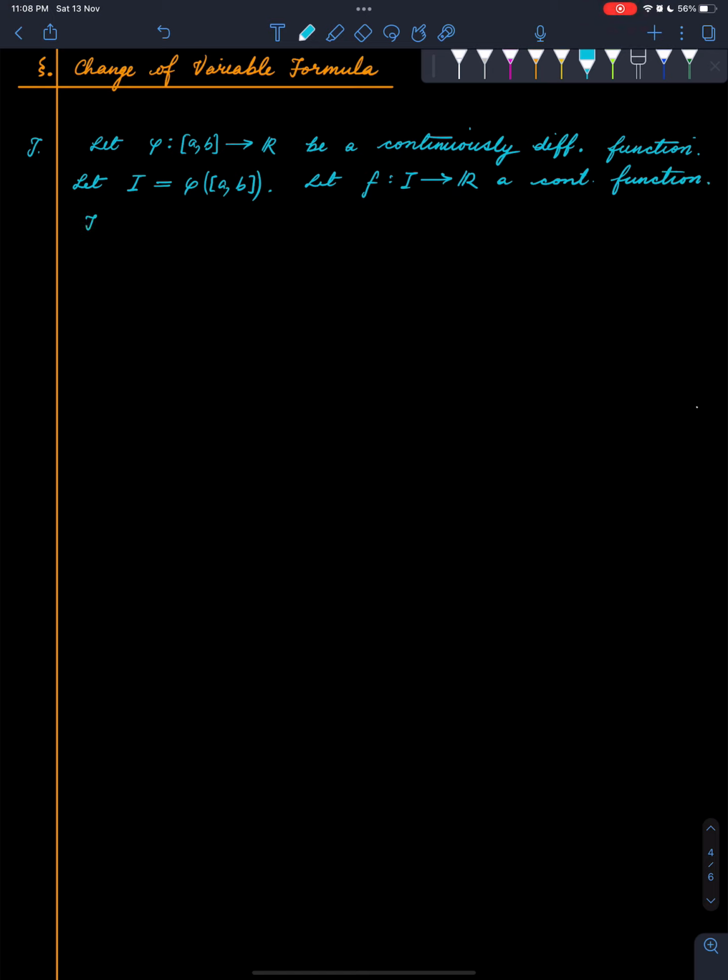Then, before I make the statement, again, note that this is a closed interval. Continuous image of any closed interval is a closed interval. So I is a closed interval, and the claim is that if you integrate this, again, a little bit funny looking thing, then you get this.